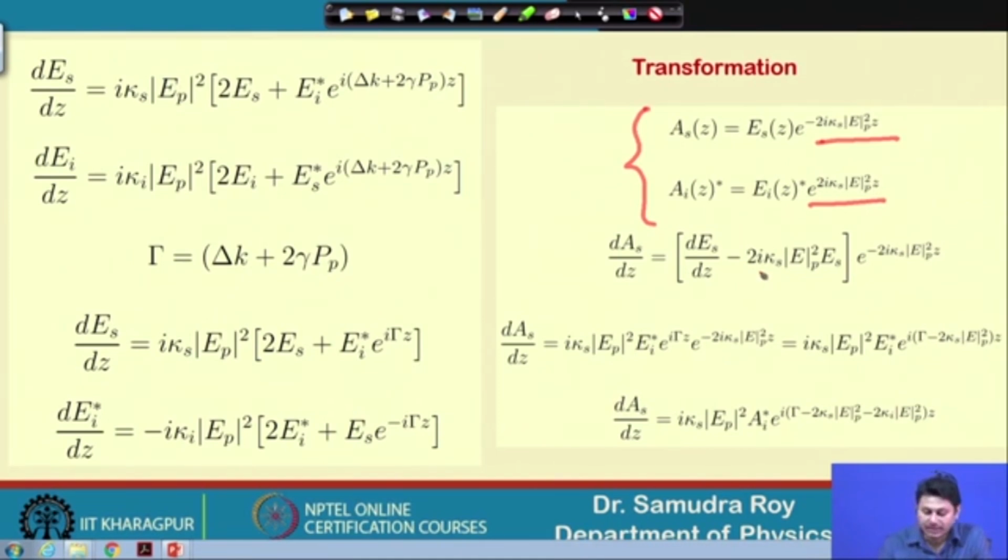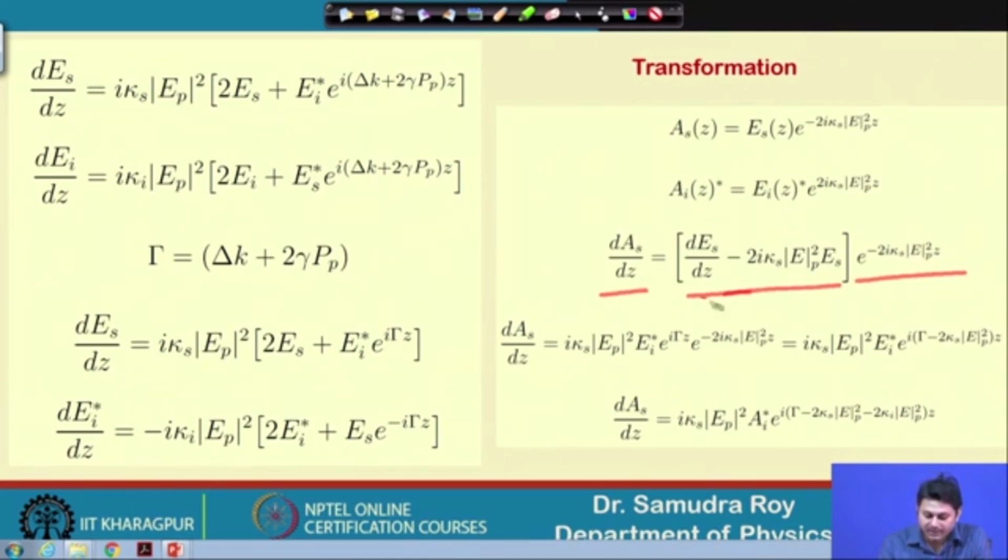right now, that if I now take the derivative with this transformation, the derivative of AS with respect to z, on the right hand side it will be dES/dz minus 2 i kappa s |Ep| square ES, and e to the power of 2 i kappa s |Ep| square z.